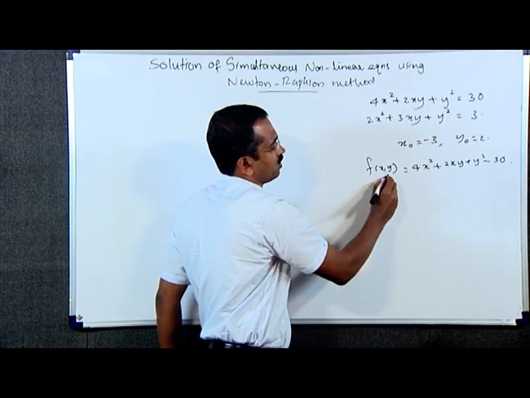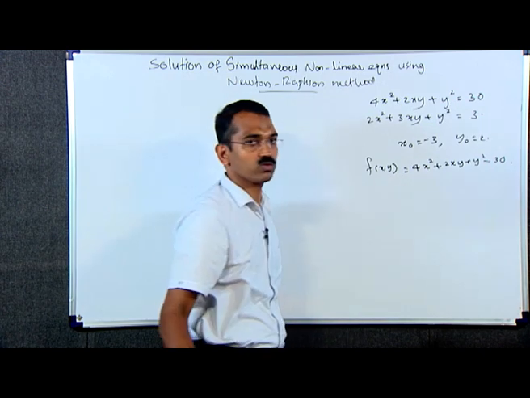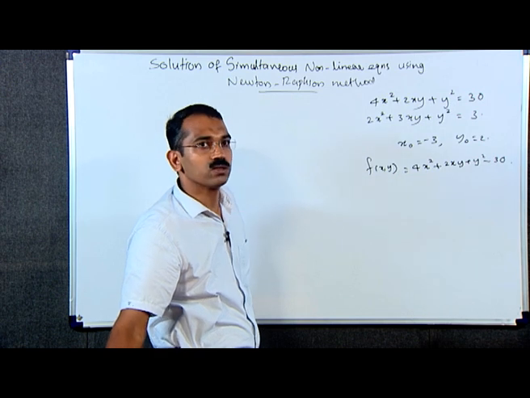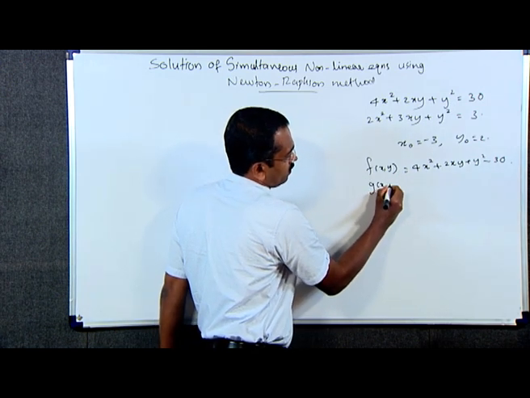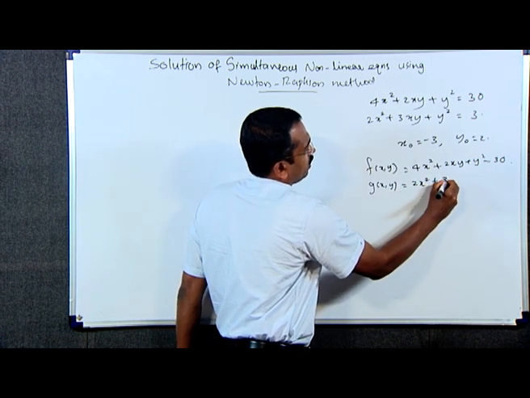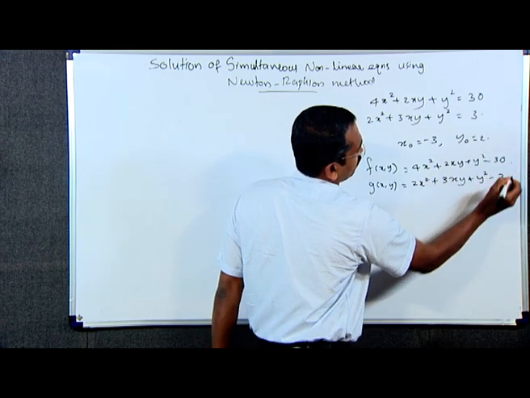Then the given equation will become f(x, y) is equal to 0. And we take g(x, y) as 2x square plus 3xy plus y square minus 3.